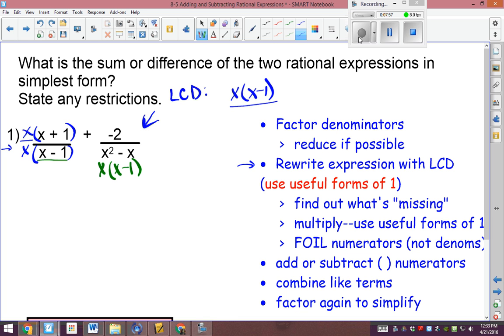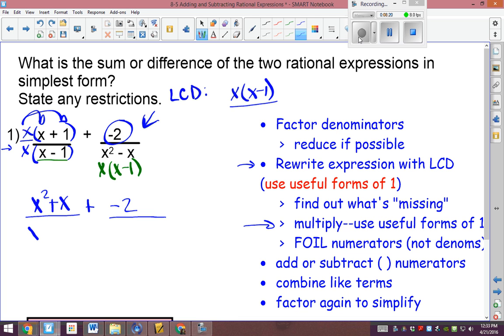Okay, so we are now here. So next, FOIL or maybe just distribute in this case. And the numerators, if we bring this in here, what do we get? x squared plus x. There is no multiplication to do over here. I'm getting ahead of myself, so I'm just going to leave it alone. We did write a note on there.